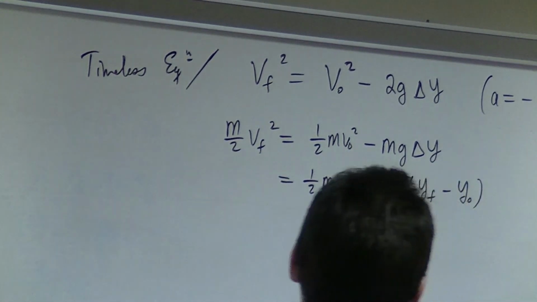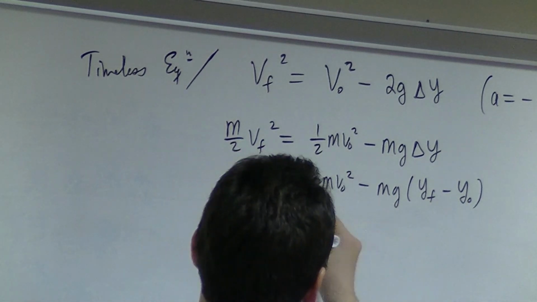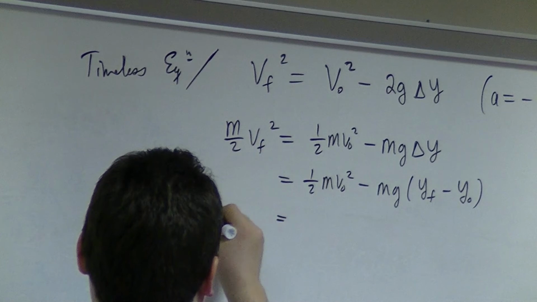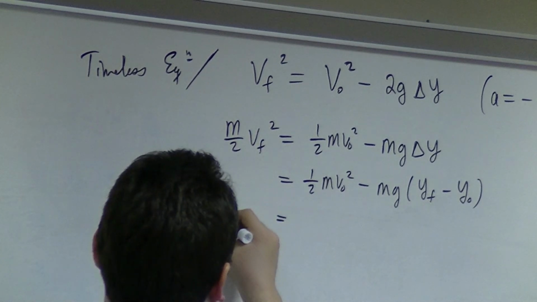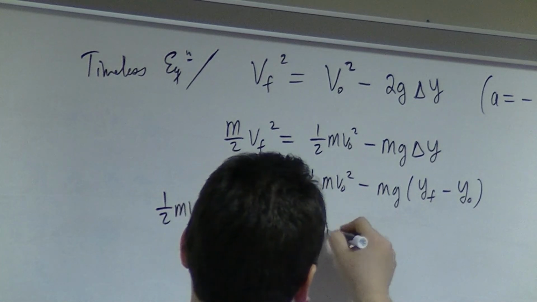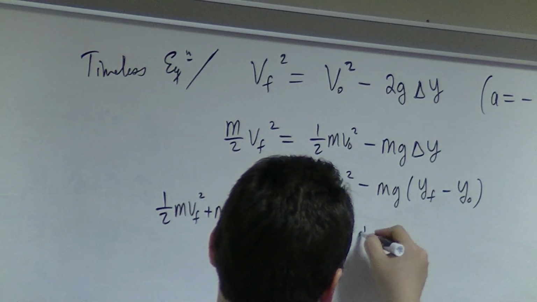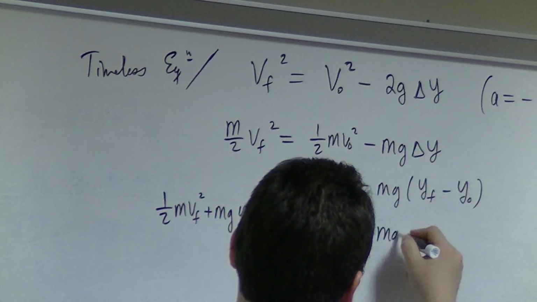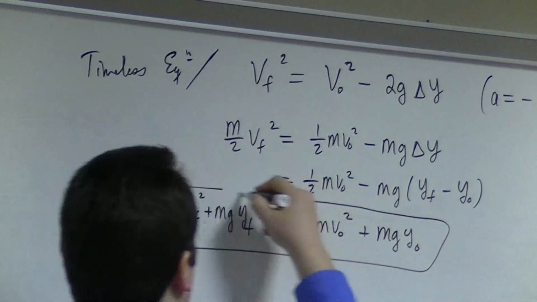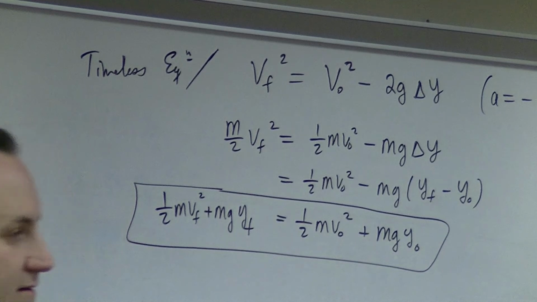So 1/2 m vf squared plus mgyf is equal to 1/2 m v naught squared plus mgy naught. As you can see, the timeless equation was nothing but conservation of energy in disguise, which is why it's so powerful, by the way.